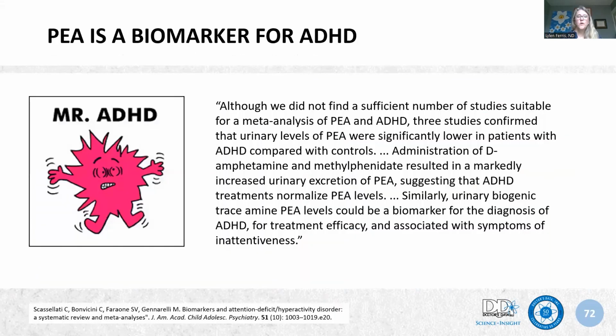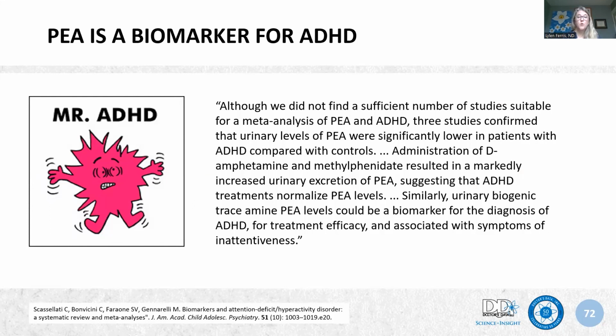Now, one of the main things that I look for with PEA is if it's low, it has been suggested in the literature that it can be considered a biomarker for ADHD. So 3 studies have confirmed that urinary PEA levels were significantly lower in patients with ADHD, and that these levels normalized with treatments, the amphetamine-like treatments for ADHD.